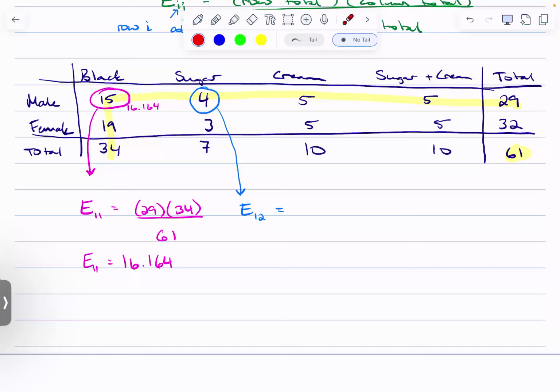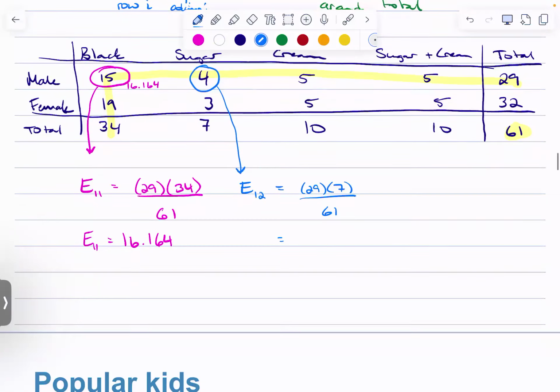Is going to be the row total, 29, times the column total, divided by 61, the grand total. 29 times 7 divided by 61, and I get to 3 decimal places 3.328. Right, so down here I'm expecting 3.328. I saw 4, but I'm expecting 3.328.